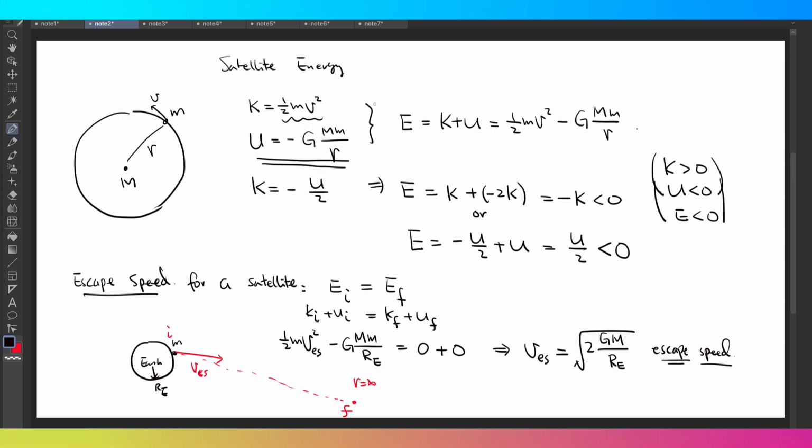All right, now let's move on to talk about Earth energy along the sun. We know Earth is following an elliptical orbit. Let me try to draw an ellipse.